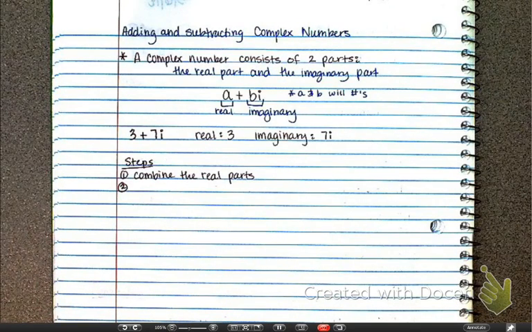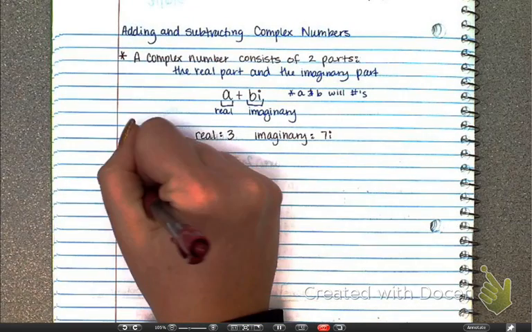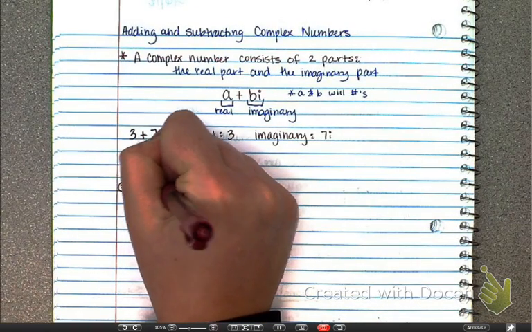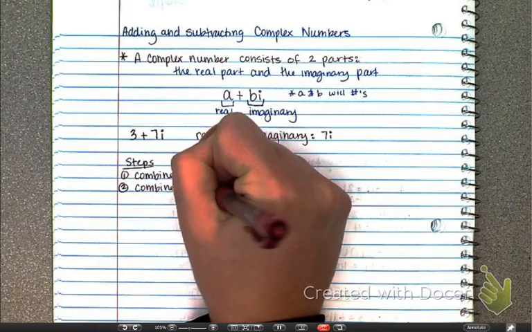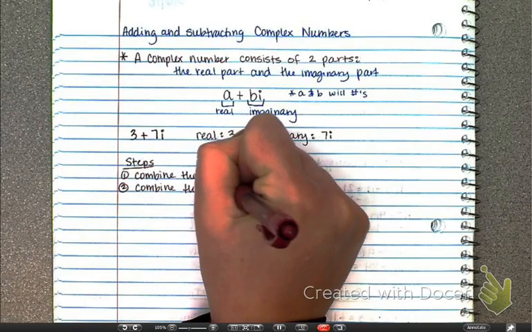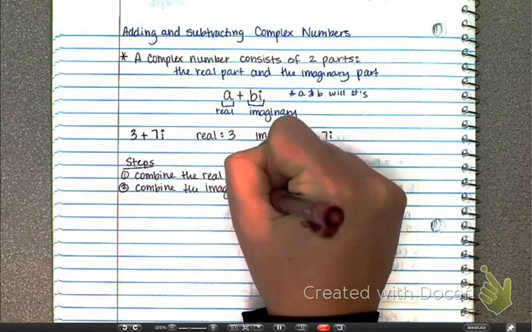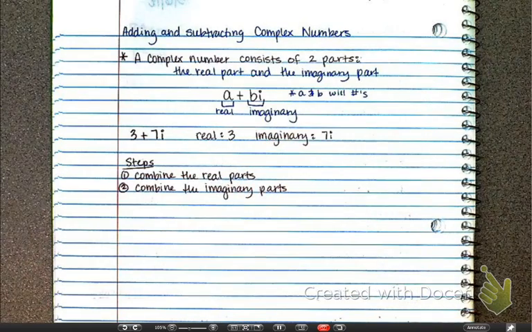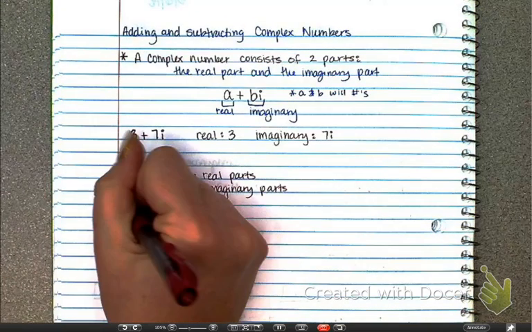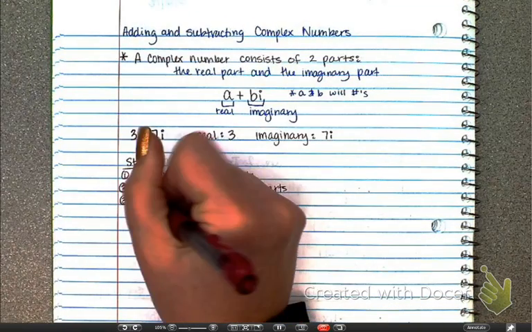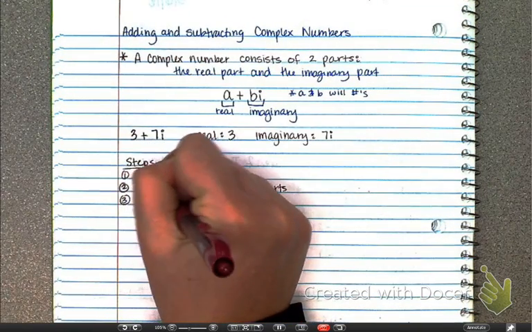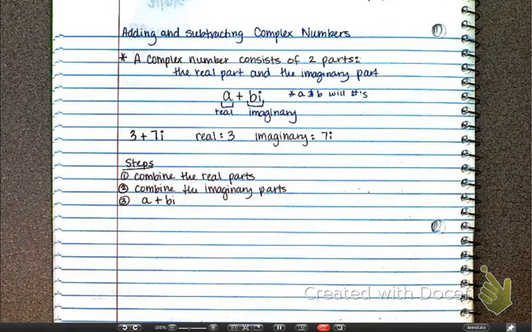Step 2, combine the imaginary parts. And step 3, make sure it's in the form A plus BI. So make sure your real parts are first and your imaginary parts second.